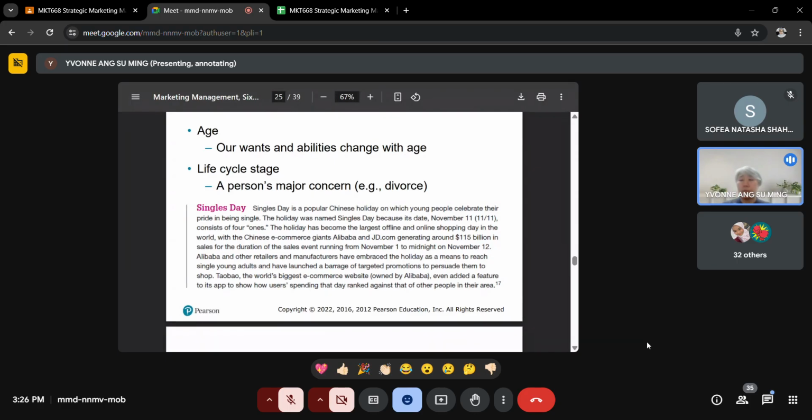Usually we spend money to take our parents for dinner or something like that. So that same logic we apply to Singles Day, and you see that the e-commerce giants rolled out their Singles Day, and in actual fact their sales exploded. So you can see here it generates quite a lot of money for that particular event.